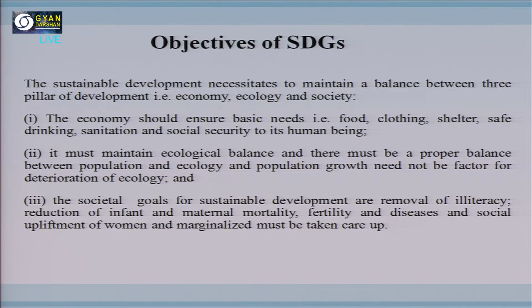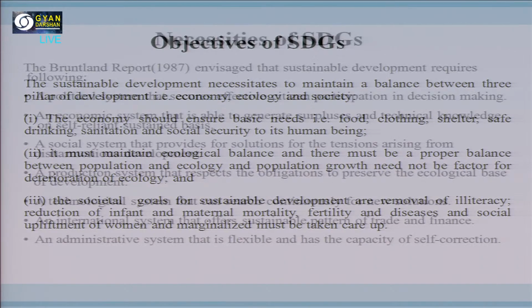As I gave you the example of Uttarakhand, how population growth and urban areas are affecting the health of the ecology in that state. Then for society, the infant and maternal mortality rate should be reduced, and fertility and diseases must be kept in check. So these are the objectives of sustainable development goals.